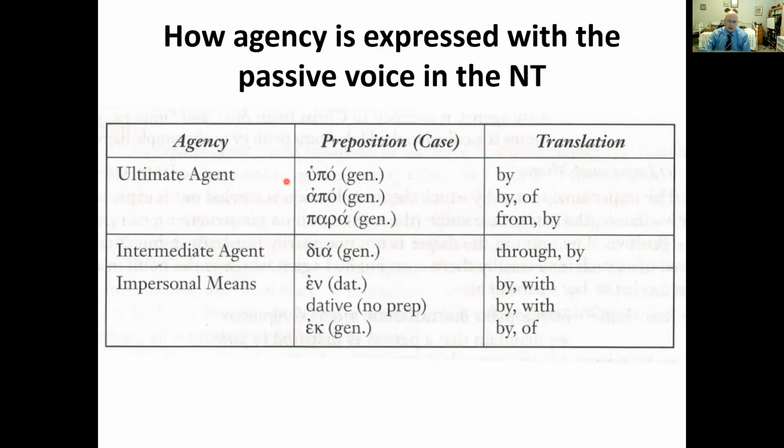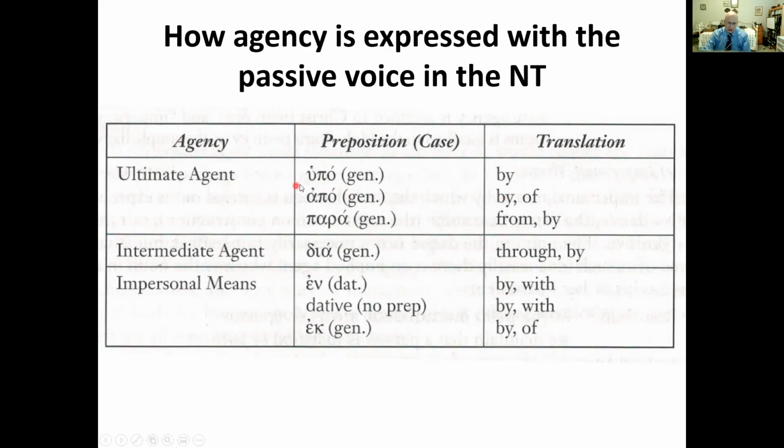And if we look back at some of the verses that we've just looked at, we would notice that we often have hupo. It's the most common with the genitive, because since the action happens to the subject, we don't know who actually did the action. And that's what we call the agent.